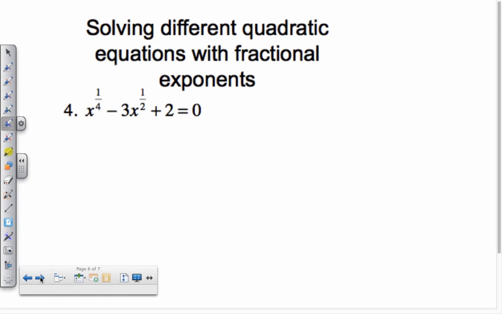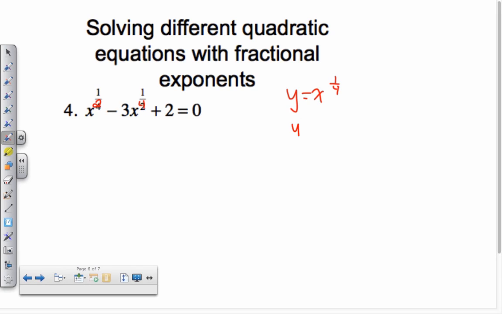And now this one here has fractional exponents. I don't remember if we looked at one of these before, but again, we're going to do substitution, and I need you to fix this. This should actually say y squared, and this should be y to the fourth, because I'm going to let y is equal to x to the 1/4.